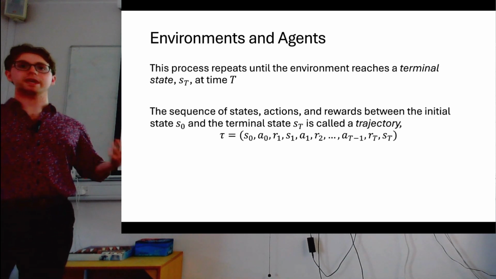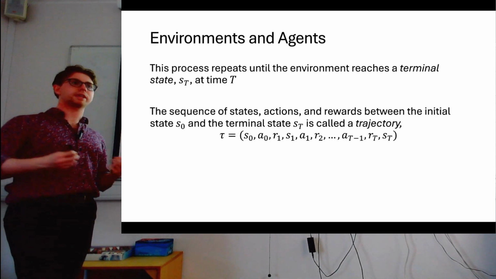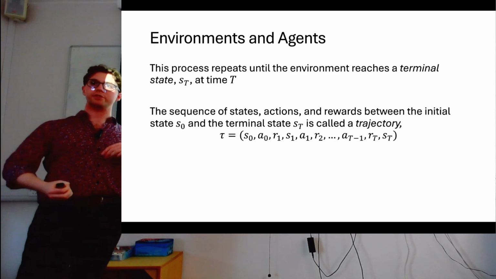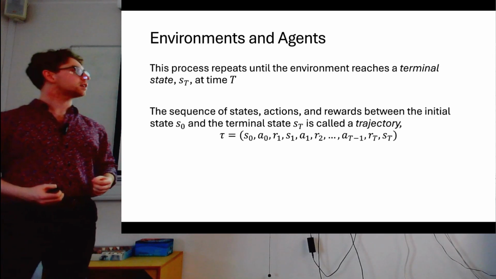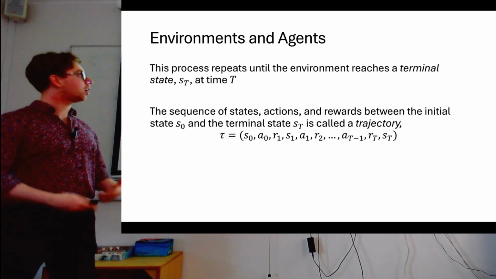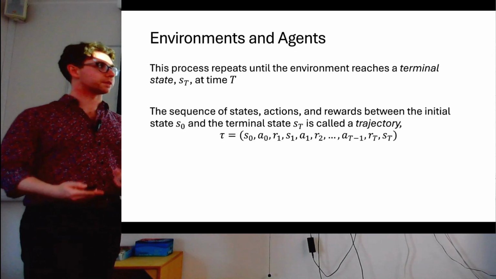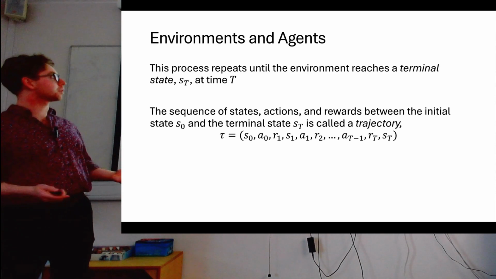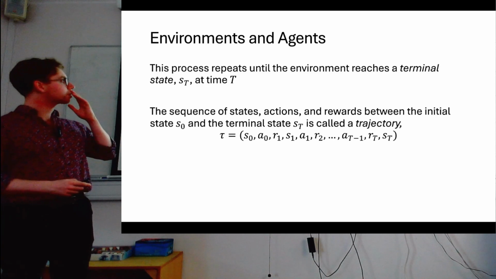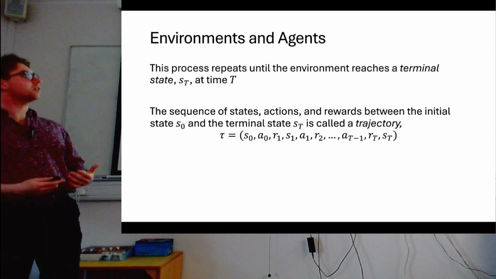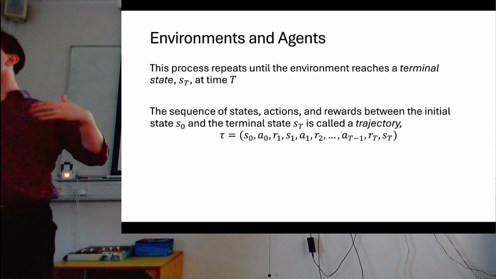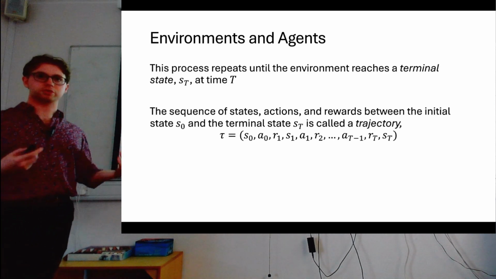So this process of passing back and forth states and actions, with the environment passing a state to the agent and the agent passing an action to the environment, repeats over and over again until you reach a terminal state. Typically, we denote the time at which this happens as capital T. And this entire interaction, this sequence of state, action, reward, on and on like this, is called a trajectory.